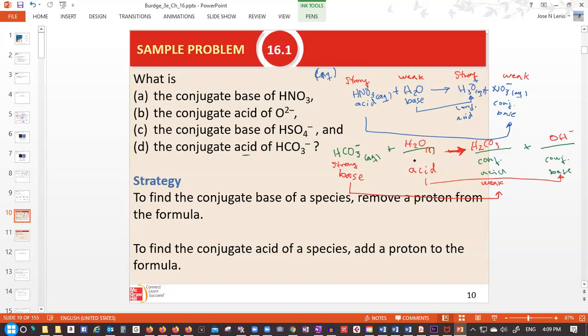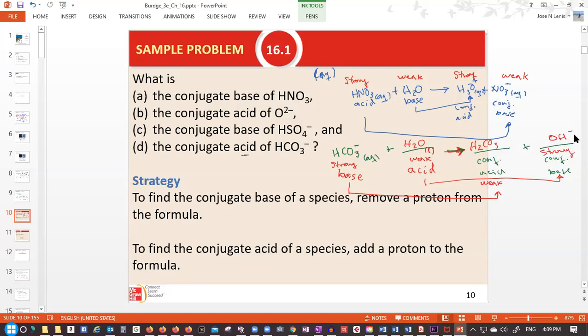Water is a weak acid, but it forms a strong conjugate base. OH minus is very strong. It has a negative charge and is willing to accept a proton right away. That makes it a very strong base.